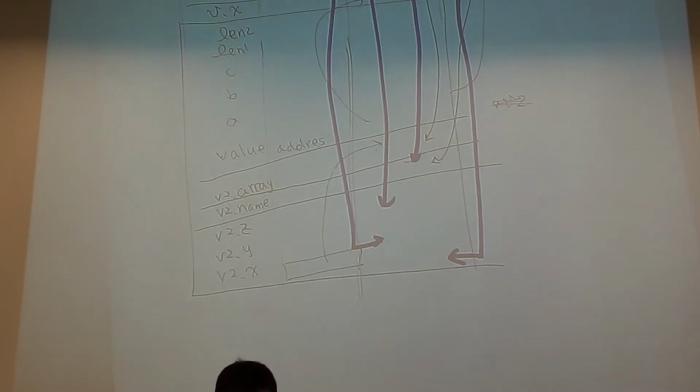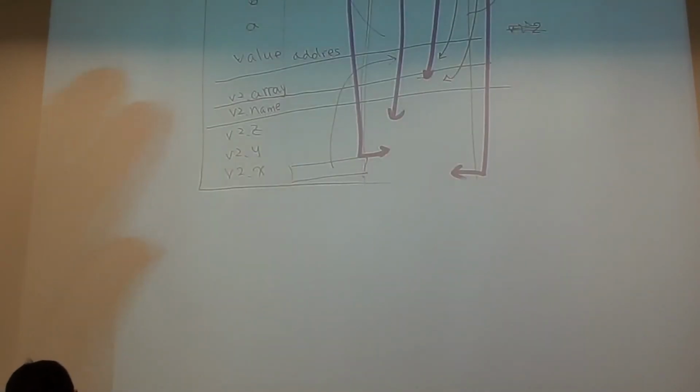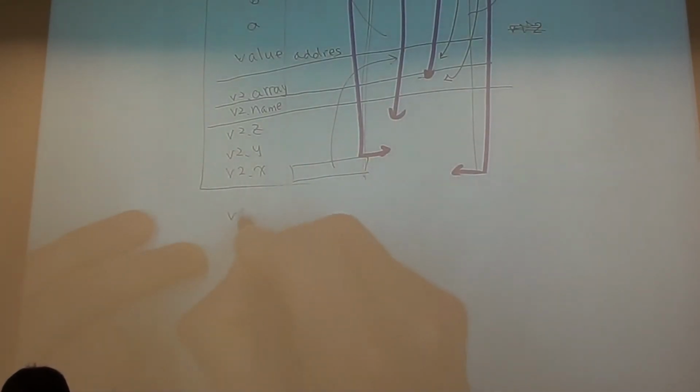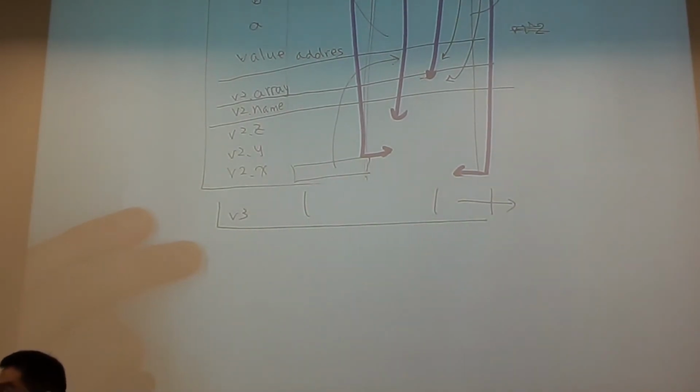If inside here you want to make a pointer, consider a situation where you have vector v3. In that case, in your call stack, you don't have the whole thing here. You have only a pointer v3. v3 can only hold an address.